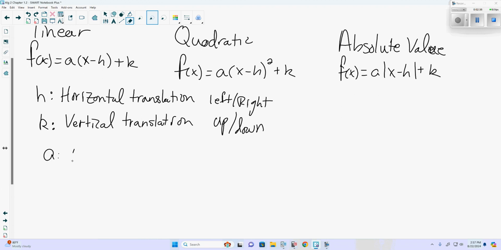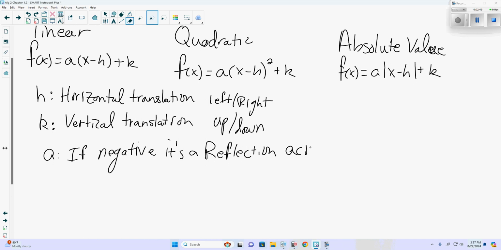And then our a, if negative, it's a reflection across the x-axis. So these are the main three transformations we talked about yesterday.